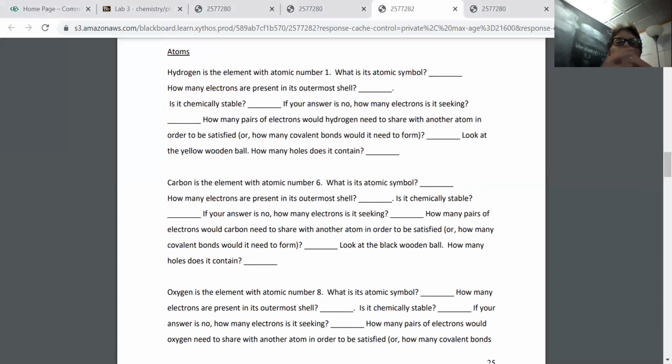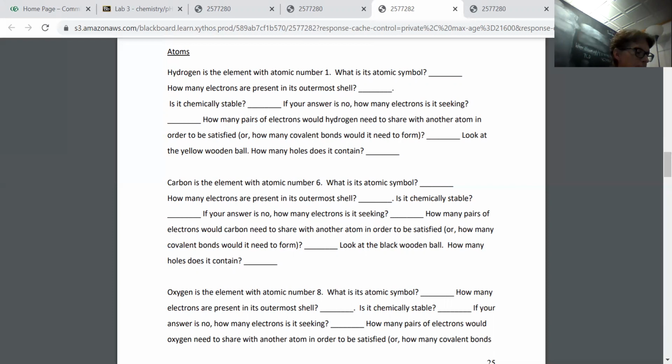And then if we go back here, so hydrogen has an atomic number of 1, its symbol is H. So if it has an atomic number of 1, it means it has 1 electron, so it only has 1 electron in its outermost shell. And we know that that first electron shell, in order to be stable, has to have 2 electrons. So is hydrogen chemically stable? No. And if it's not chemically stable, how many electrons does it need?